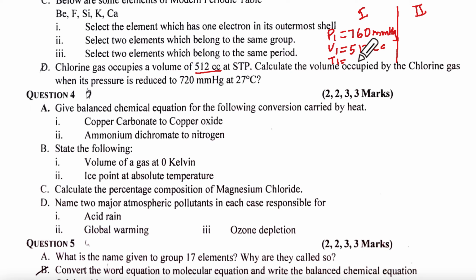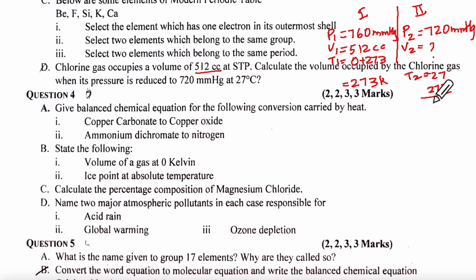Temperature at 0 degrees C means 0 plus 273. So that will be equal to 273 Kelvin. Then we have P2, V2 and T2. They are telling you that 720 mm Hg. 27 degrees means 27 plus 273 means 300 Kelvin. Yes.